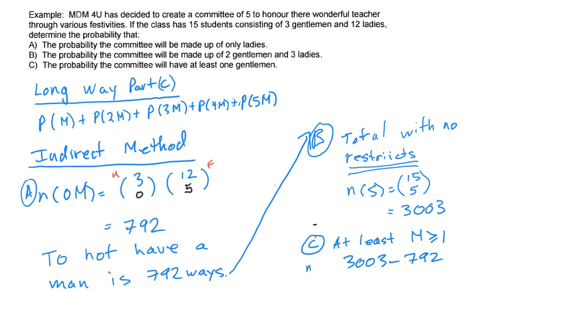So that is our n of m being greater than or equal to 1 is this, which gives us our final answer of 2,211. So n of m greater than or equal to 1 is that, right?